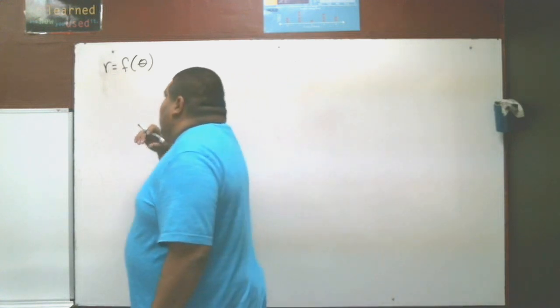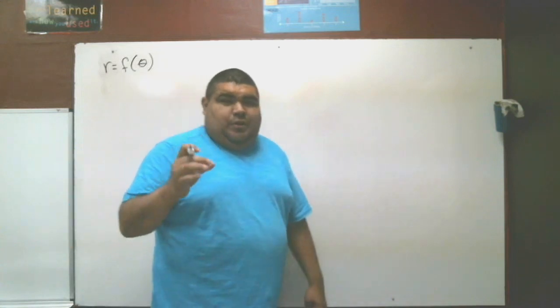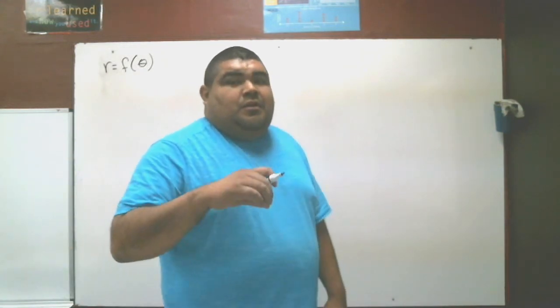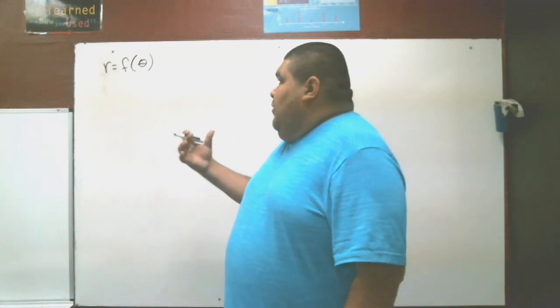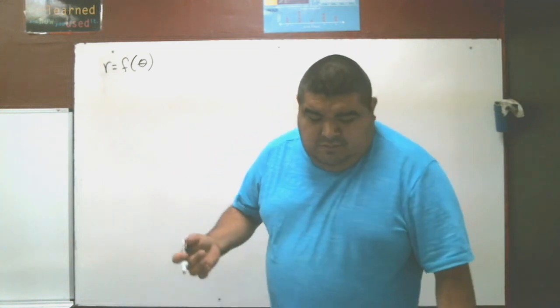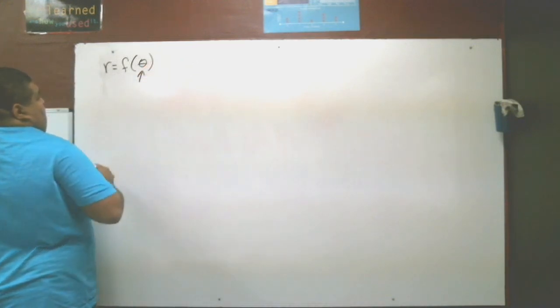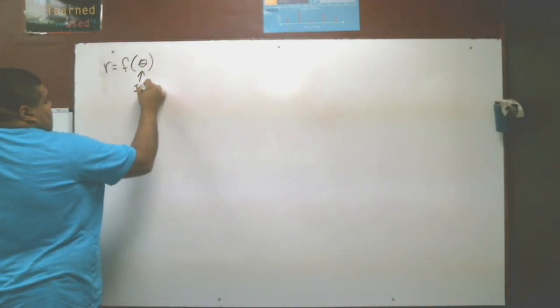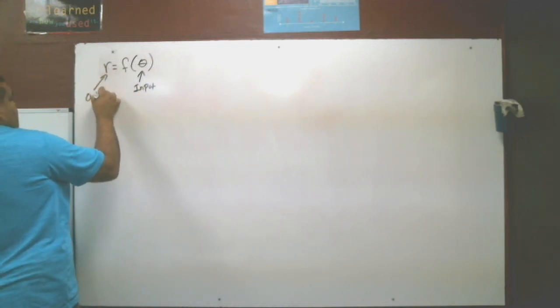In order to graph polar equations, we have to set up a chart. Your theta is your input. Your r is your output.